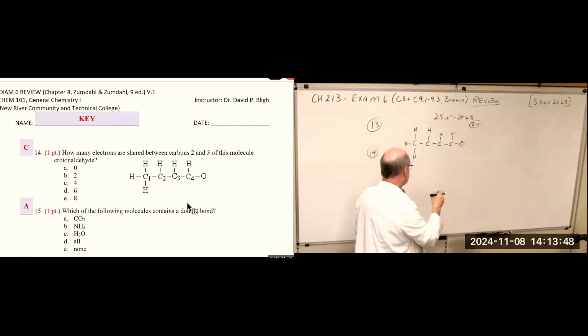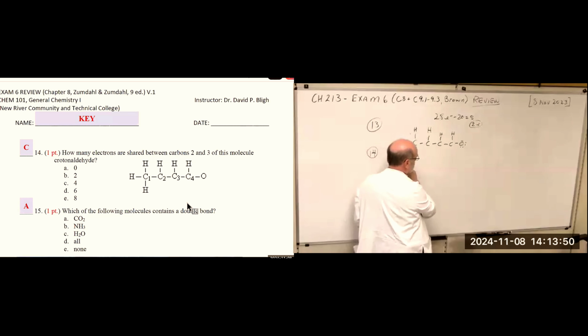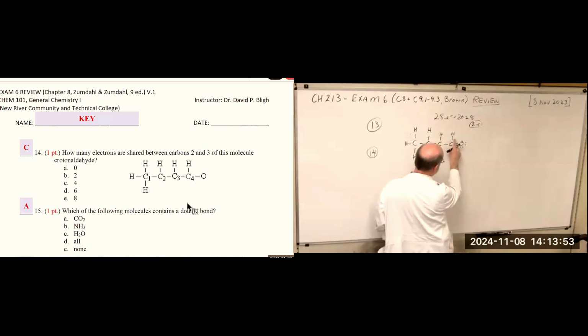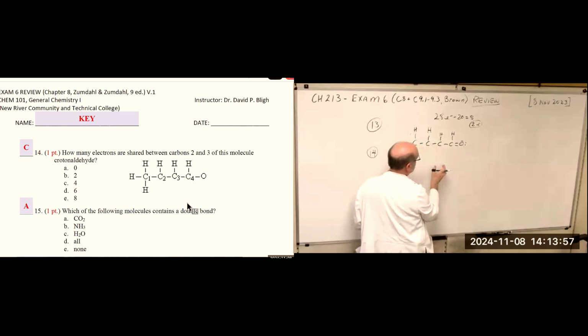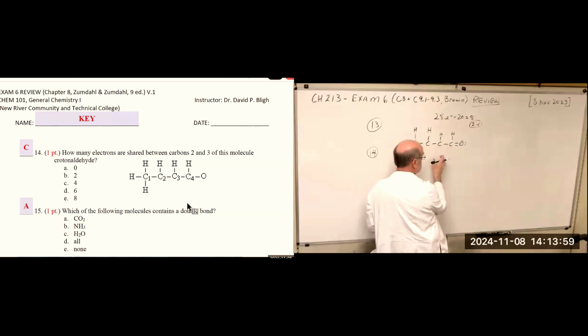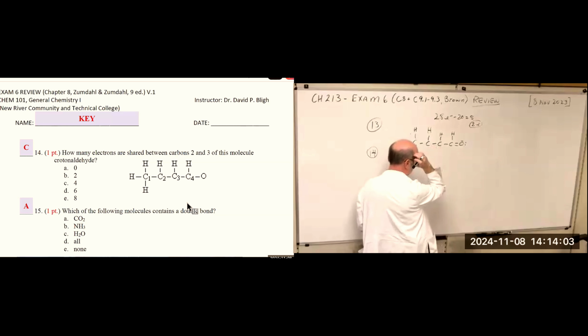Where do they go? Well, we've got an octet here. We can easily make an octet here by just moving a pair there. So those other 2 electrons are best put over on these 2 somewhere.